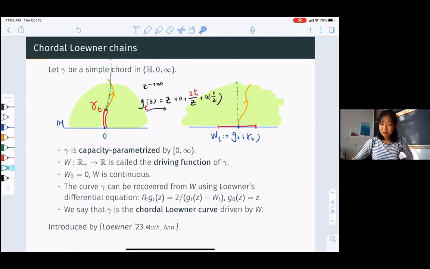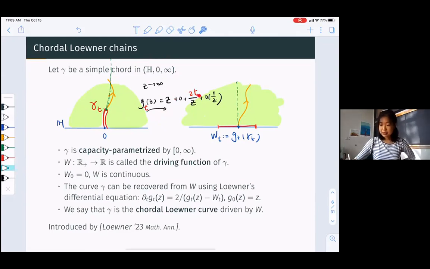If you have a simple chord from 0 to infinity oriented this way, I look at the initial bit of the curve, and at the complement of this red initial bit, and there is a conformal map sending this green shaded area back to the upper half plane. We choose the normalization of the conformal map such that it's asymptotic to the identity map near infinity.